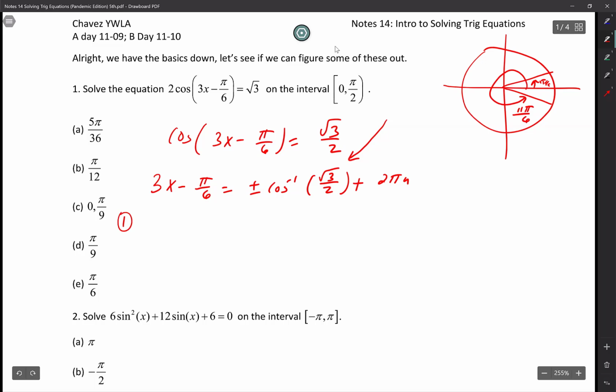So equation number 1: 3x minus pi over 6 equals pi over 6 plus 2 pi n, because every time I rotate another 2 pi from pi over 6, I'm going to be in the same terminal side, the same ray. Equation number 2: 3x minus pi over 6 equals 11 pi over 6 plus 2 pi n.